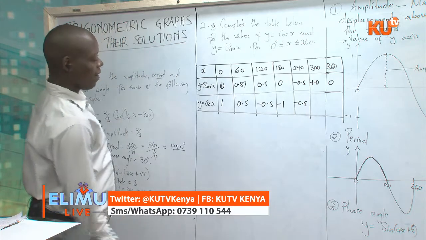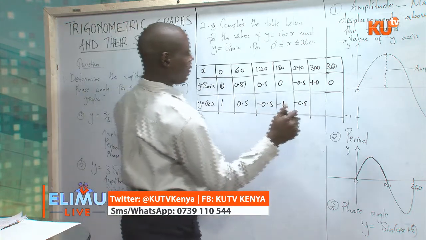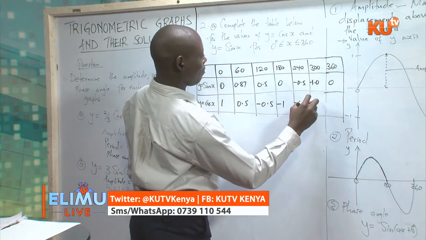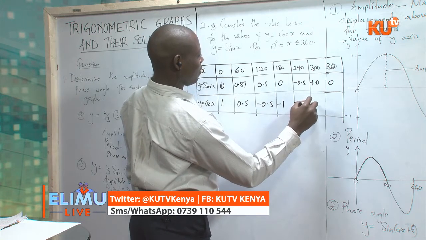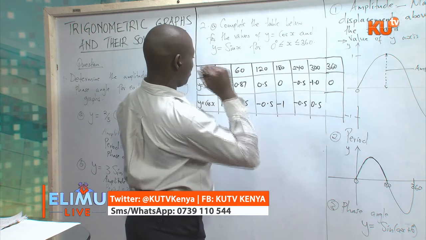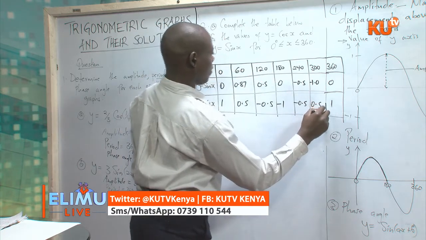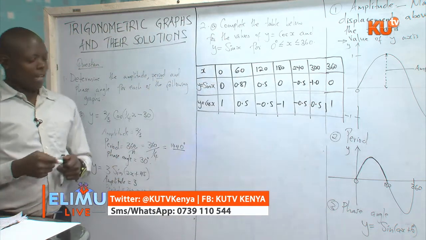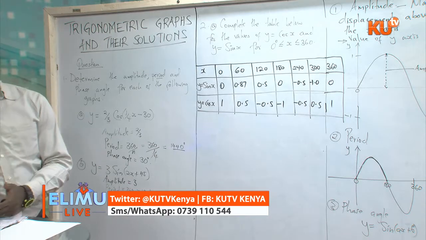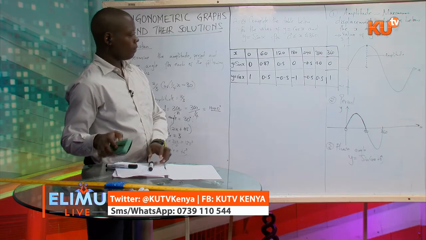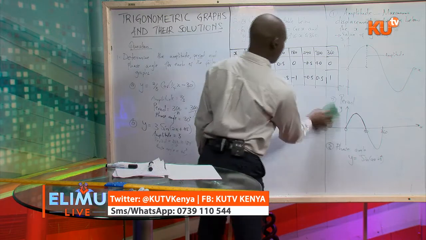Cos 300, 0.5, and then cos 360, 1. Good, thank you. So those are the values of sine and cos of x in our question.